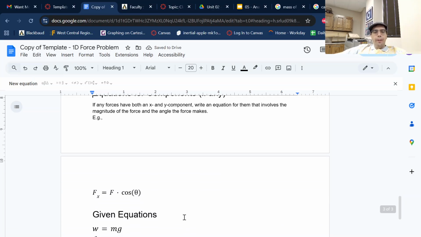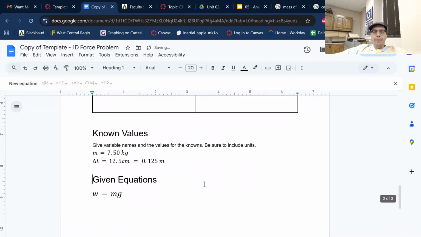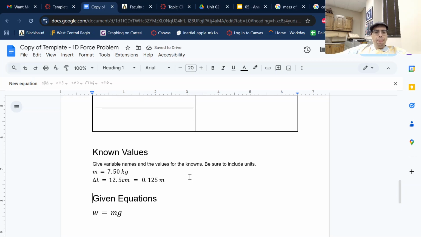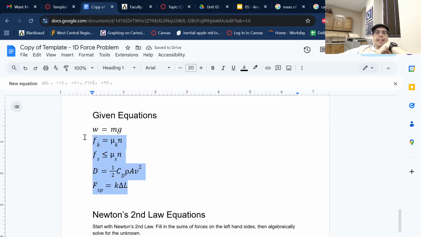In 1D, we don't actually need this at all, so I will delete it from the template in a bit. And then these are equations that relate to the different forces that we have equations for. We haven't talked about this yet. This is drag. I've only hinted at these. This we've definitely seen. This is the equation for the magnitude of weight.